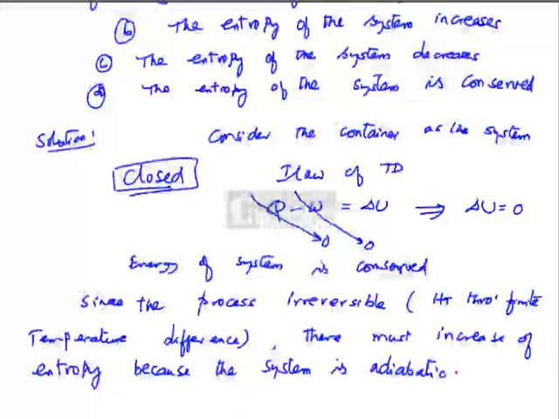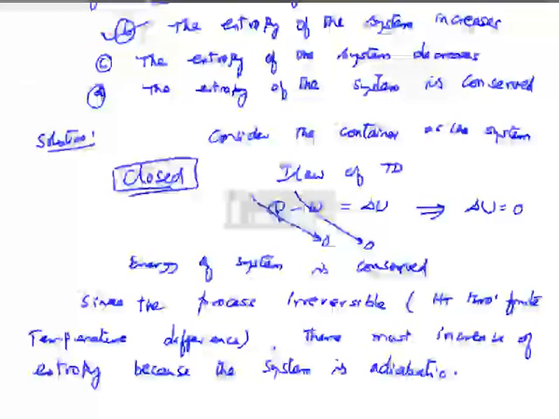Whenever an adiabatic system undergoes an irreversible process, the entropy of the system should increase. Therefore, the answer is: the energy of the system is conserved, A, and the entropy of the system increases. Both A and B are the answers.